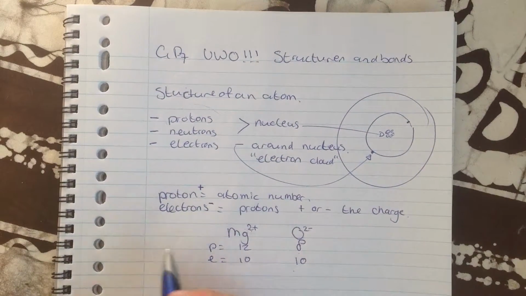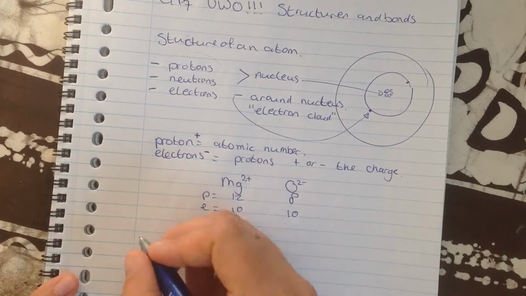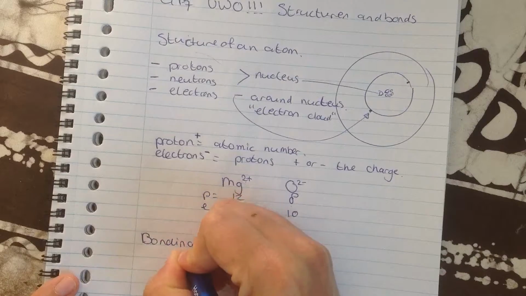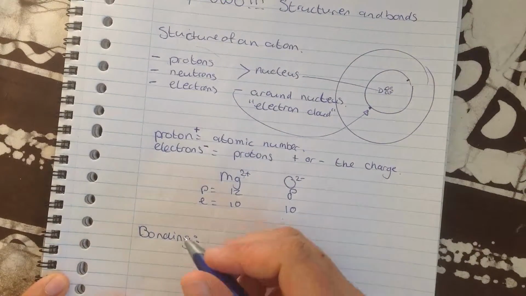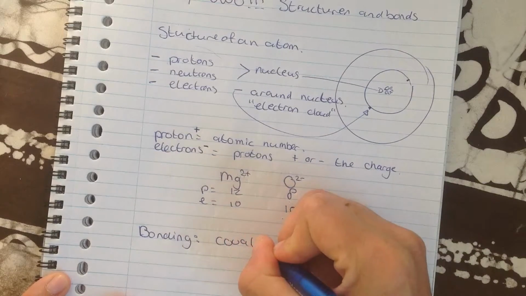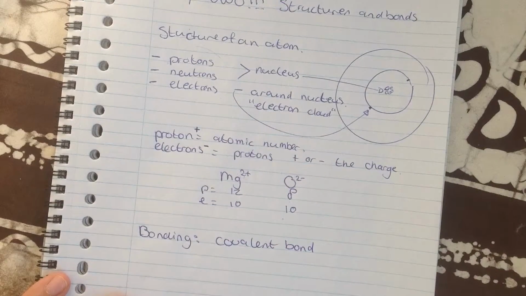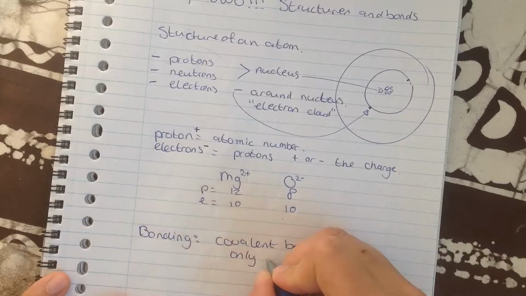When you look at the bonding of those atoms, there are 3 kinds of bonds. They are the covalent bond, and a covalent bond is only when there are only nonmetals.